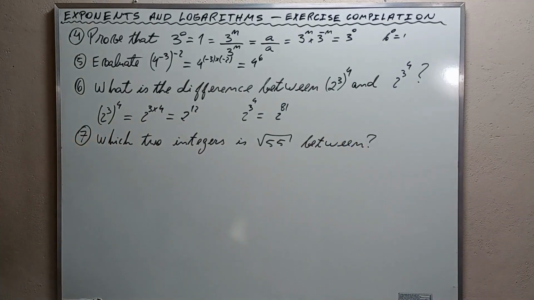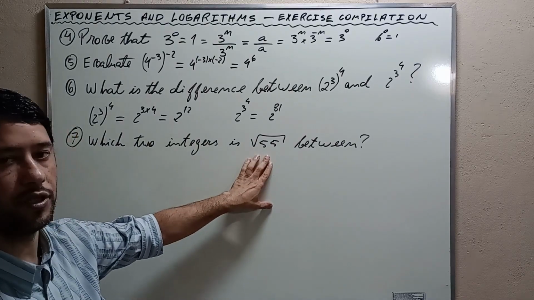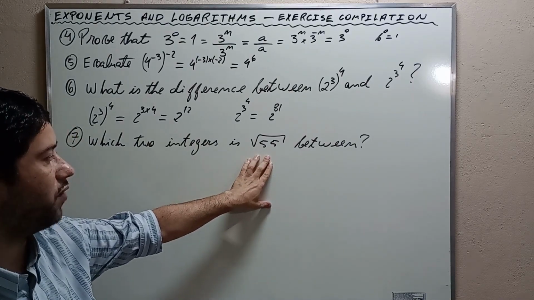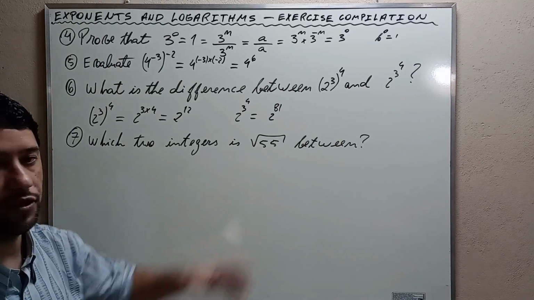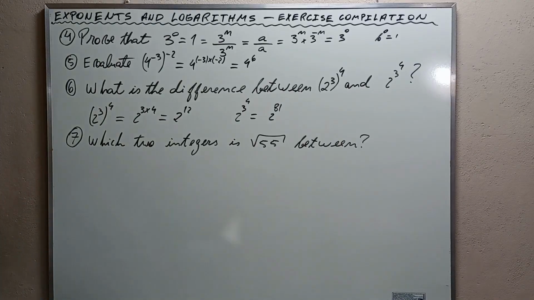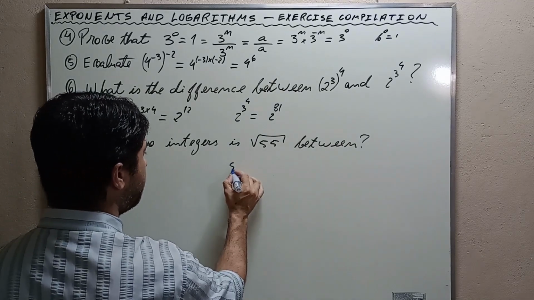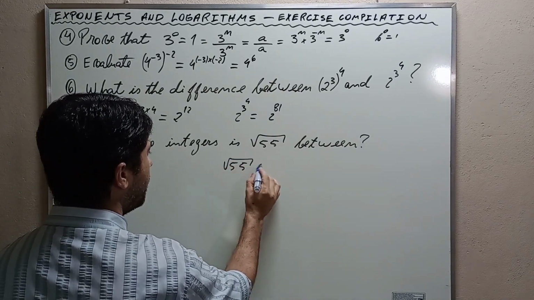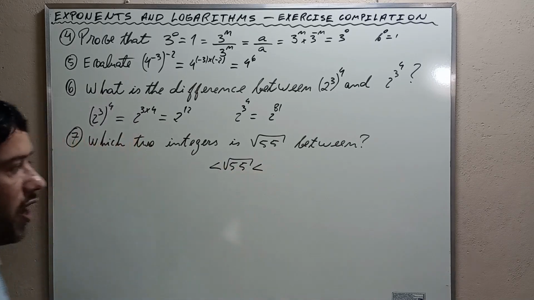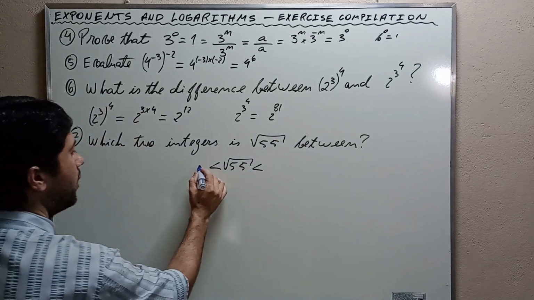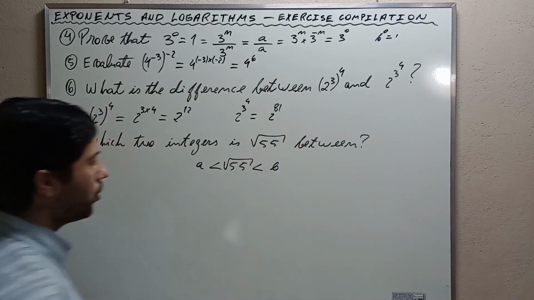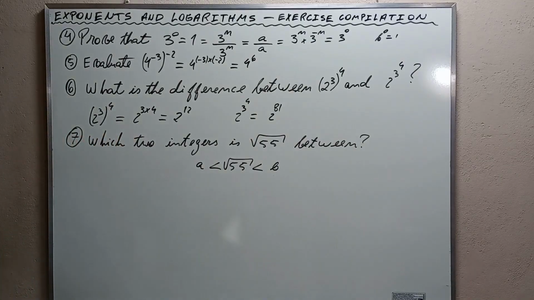What we need to do is to find the closest numbers to 55 that have integer square roots, okay? So in such a way, the square root of 55 is going to be between A and B. And what is the lowest number closest to 55 that has an integer square root?